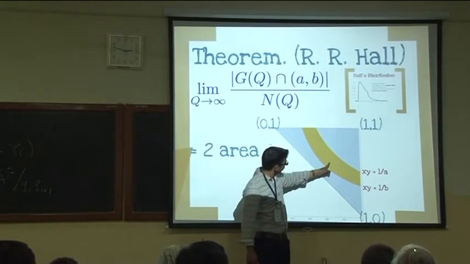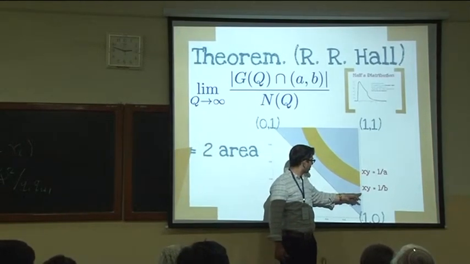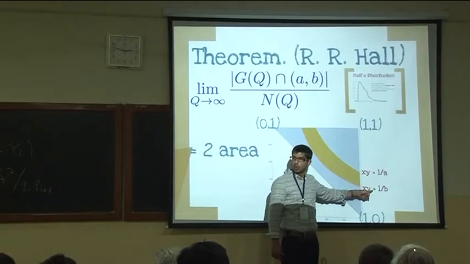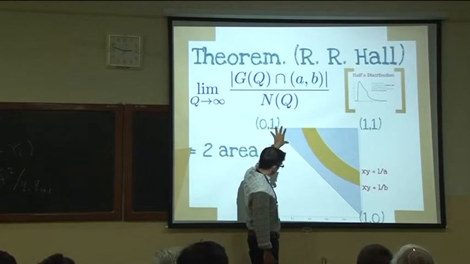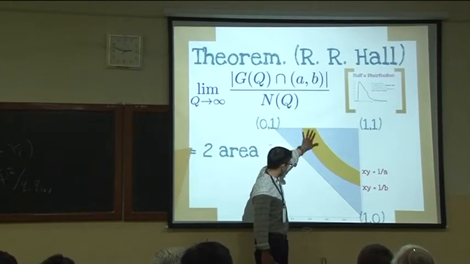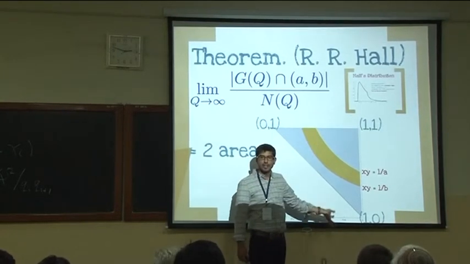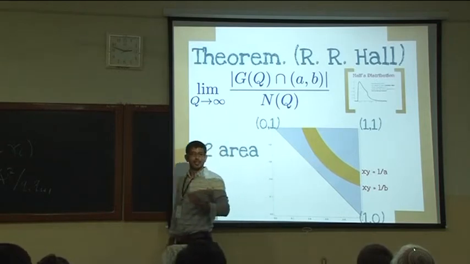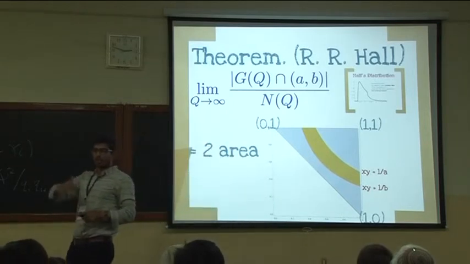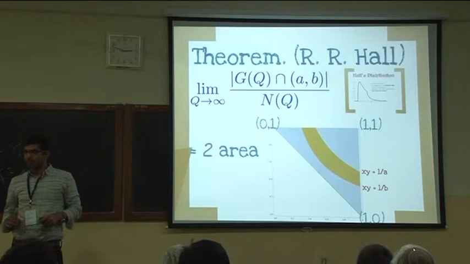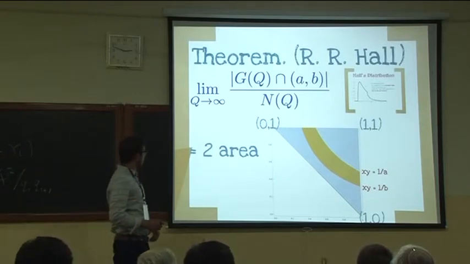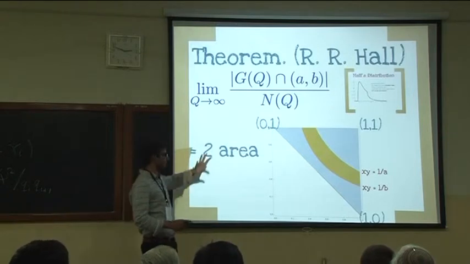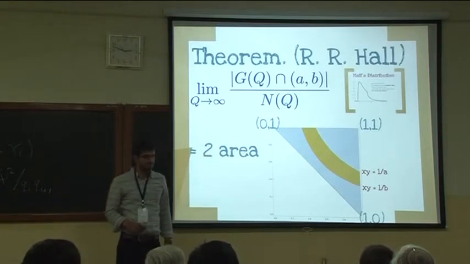The area of this yellow region, which is the area between the hyperbolas xy equals 1 over b and xy equals 1 over a, with the condition that the only area that we count lives in this blue triangle. The triangle which I call the northeast corner of the unit square. So it's this hyperbolic strip, and it's twice the area because the area of this triangle is a half.